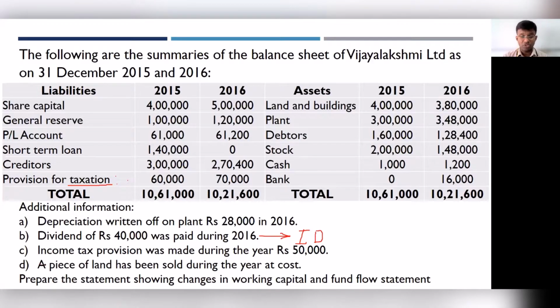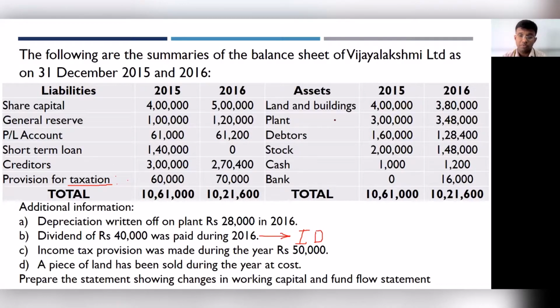The next point that has been told to us is that a piece of land has been sold during the year at cost. What does that mean? You have disposed some land off, which means there should be a change in the value. So here 40,000, then you have 3,80,000. There are some changes which have happened, and let's focus on that.